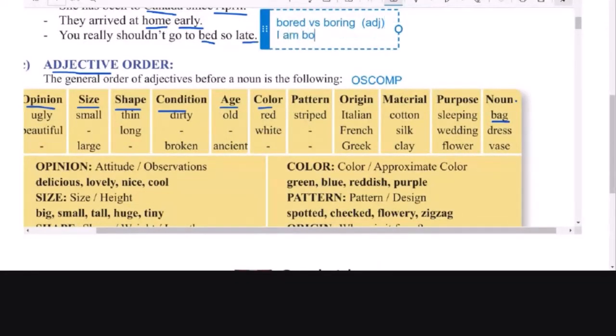I am bored. Bored, I think, is aburrido, like in the past, and boring is aburriéndome o aburrido. How? No, actually, it's the opposite.